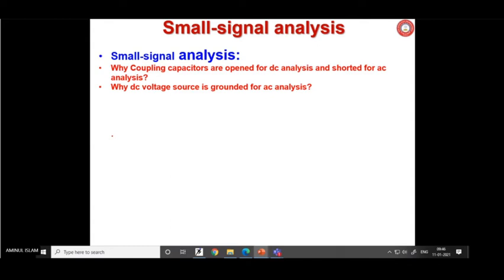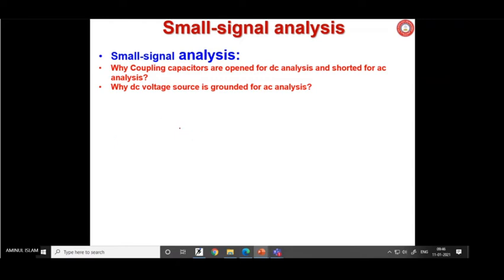Coupling capacitor, you know. What is a coupling capacitor? Yes or no? Do you know the coupling capacitor or not? Not remembering?